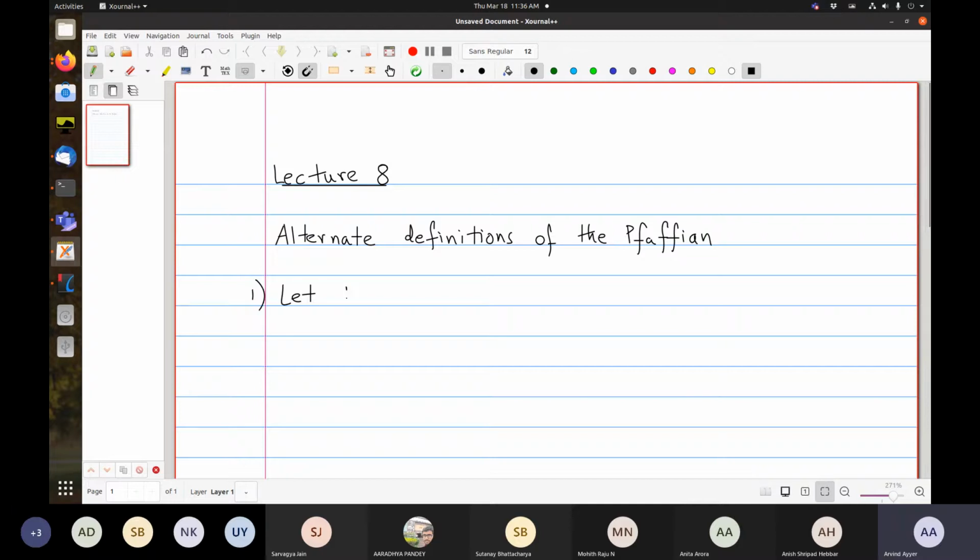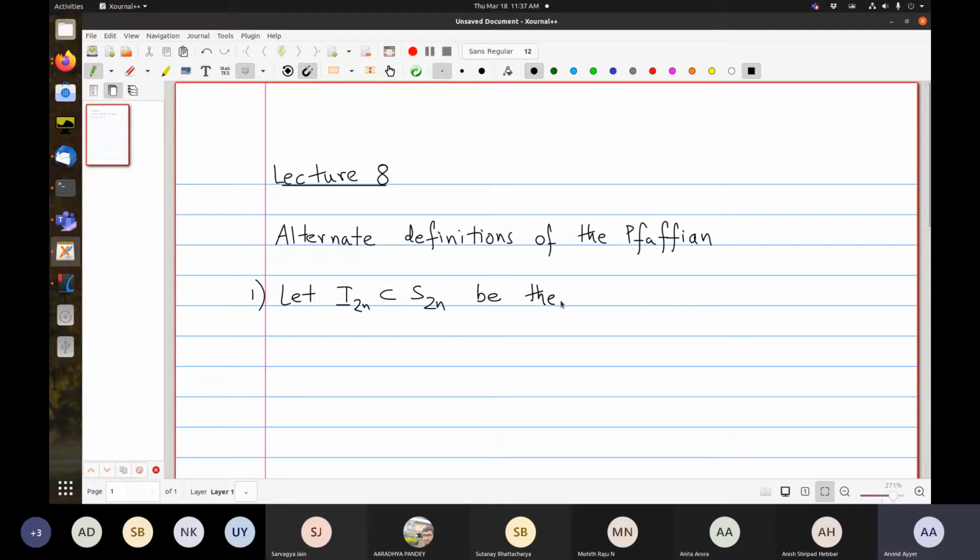Let I2n in S2n be, let me call it I2n just to avoid confusion. So S2n is the symmetric group on 2n letters.